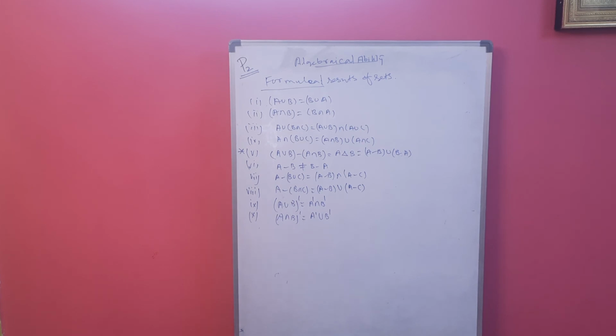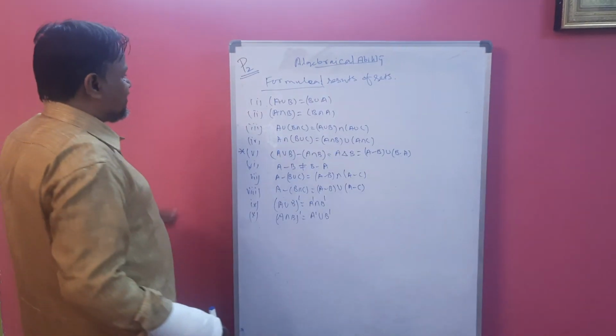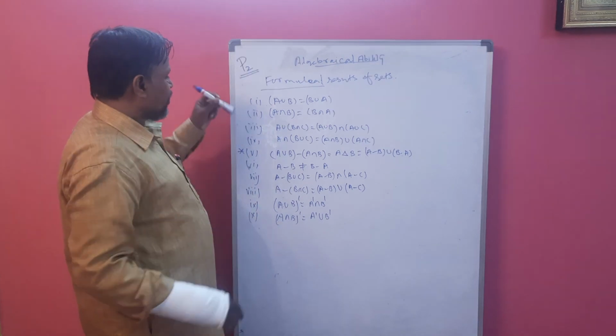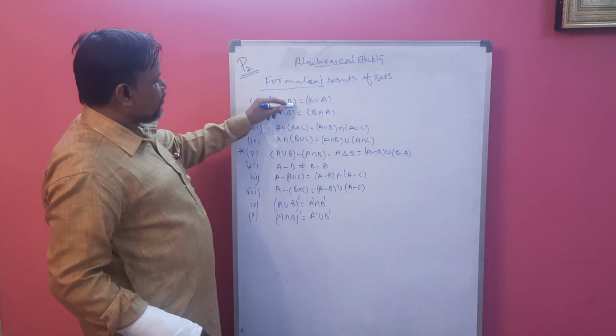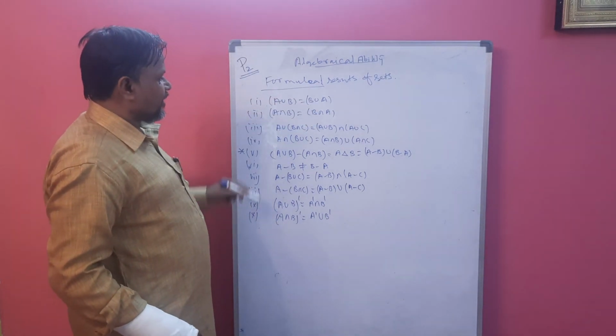Now the formulae, some important results of sets. First, A union B equals B union A. Commutative law.